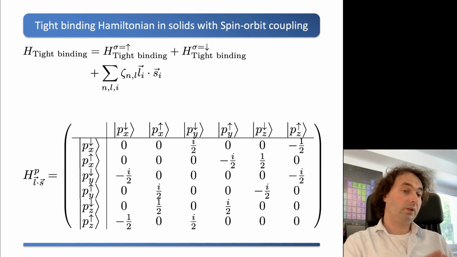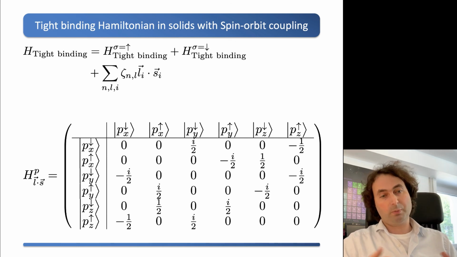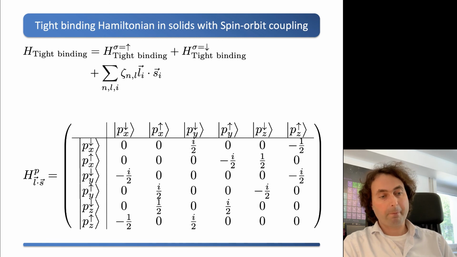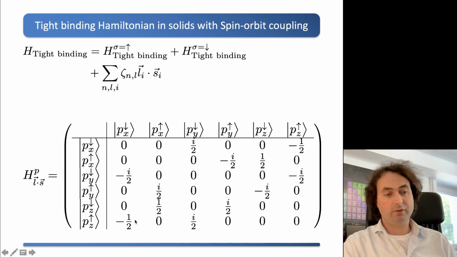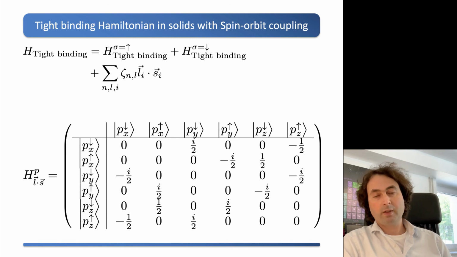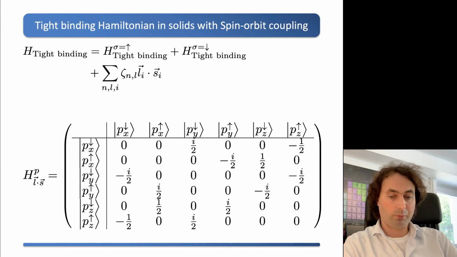So you now have your tight binding Hamiltonian for spin up and spin down, for p electrons both as 6x6 matrices, block diagonal in spin, and then for each site you have locally your spin-orbit coupling Hamiltonian that you add to this. And together you have to diagonalize now a 6x6 matrix for each k point.